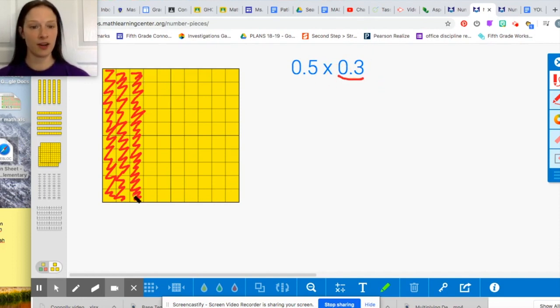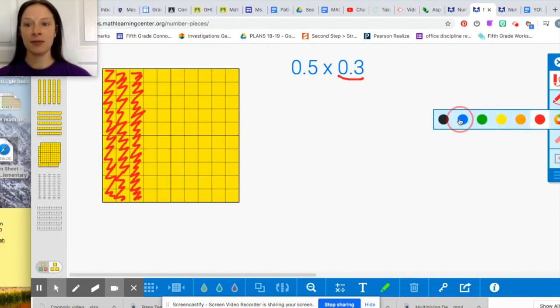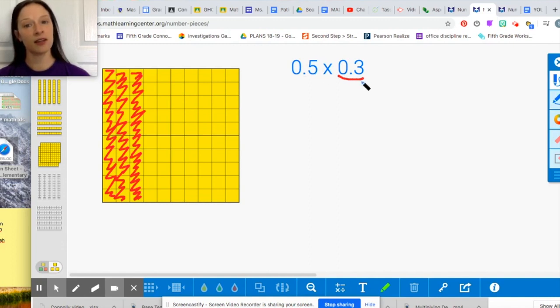This is my full acre, and I've shaded in the 3/10. I plant tomatoes on 5/10 of the land that I own, only of the land that I own. So if I only own 3/10 of land, am I planting tomatoes on more than 3/10 or less than 3/10? It's going to be less than 3/10.